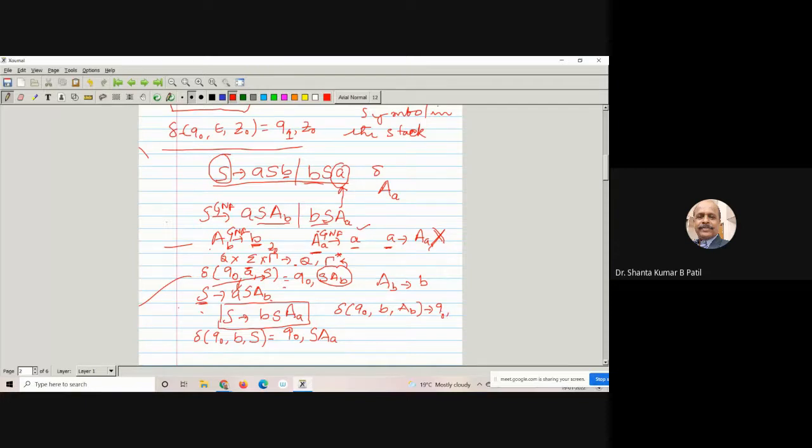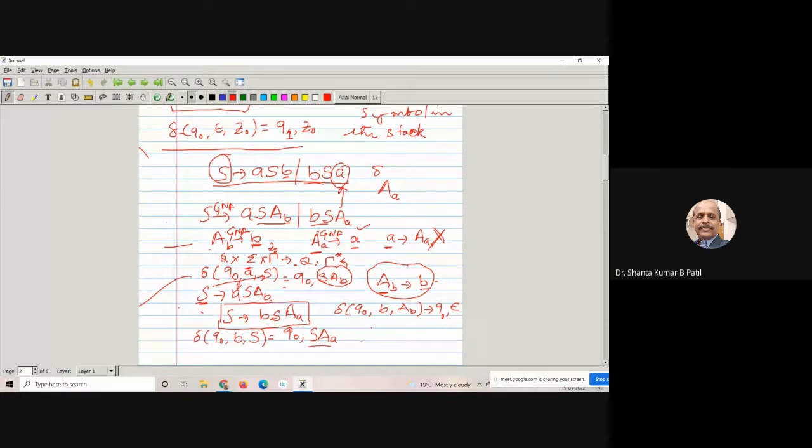Stack symbols are not there, so you can write epsilon. In the previous one, two stack symbols were there in the production, that is what I have taken, SAA. But in this case, no variables follow the terminal. This is in the form of Greibach normal form. You can write Q naught, b, the stack symbol AB, so right-hand sides all become stack symbols: Q naught, epsilon.